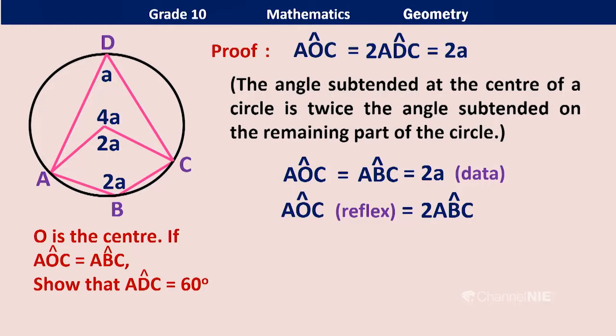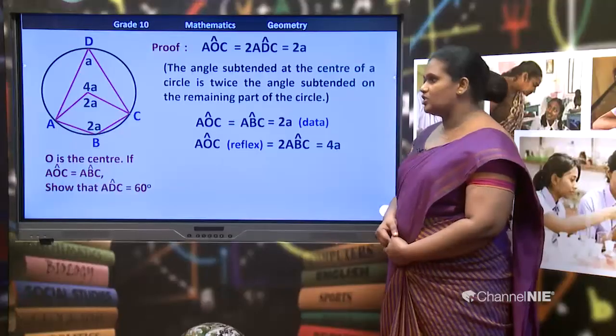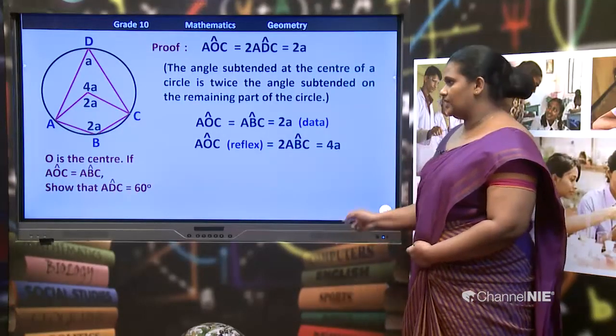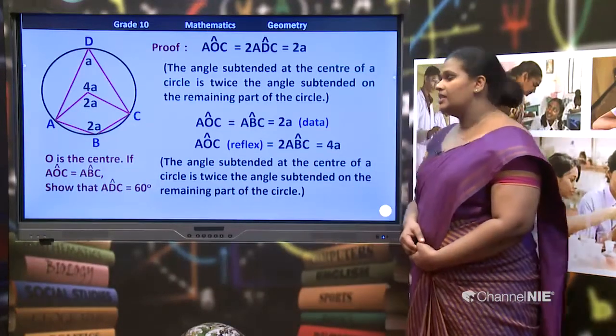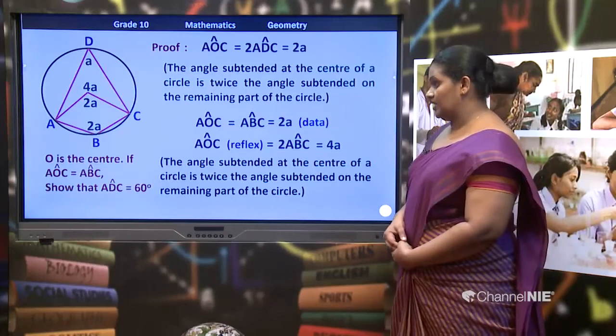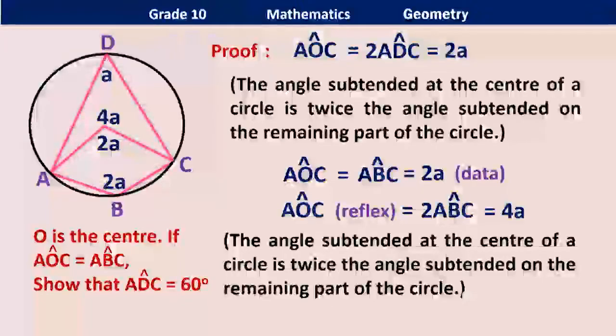So, twice of it should be equal to 4A. So, reflex angle AOC is equal to 4A. Now, that is the next relationship we can get. Right. There also we have to mention the reason, that is, the angle subtended at the center of the circle is twice the angle subtended on the remaining part of the circle.